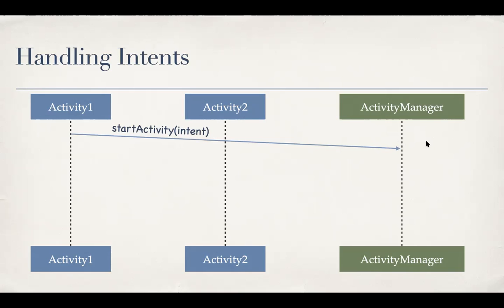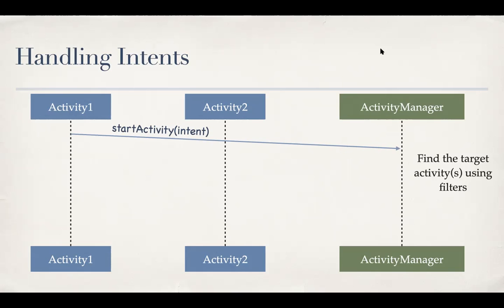Okay. There, it tries to figure out what is the target activity or target activities for this particular intent, using the intent filter declarations in the manifest files of all the apps installed on the device. Of course, if it's an explicit intent where the intent says, I want to launch activity2.class exactly, then it doesn't have to do this.